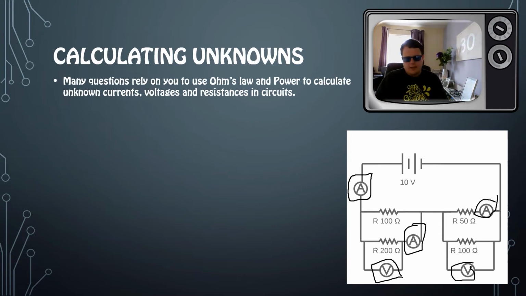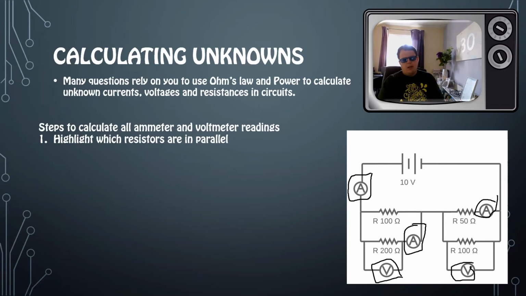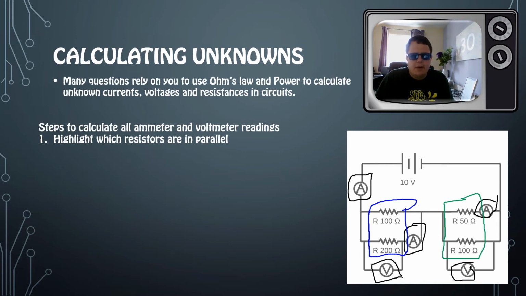And there's a series of steps to follow. So, step 1, I would always go about highlighting which resistors are in parallel and which resistors are in series. So let's have a look at which are in parallel. So our parallel ones, we've got that one there, they're in parallel. And we've got another set in parallel.